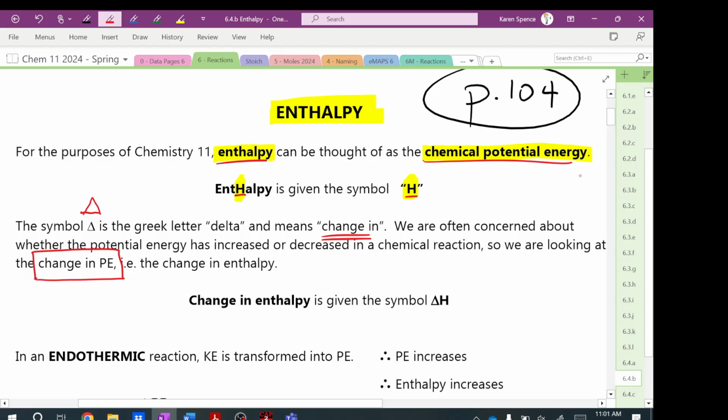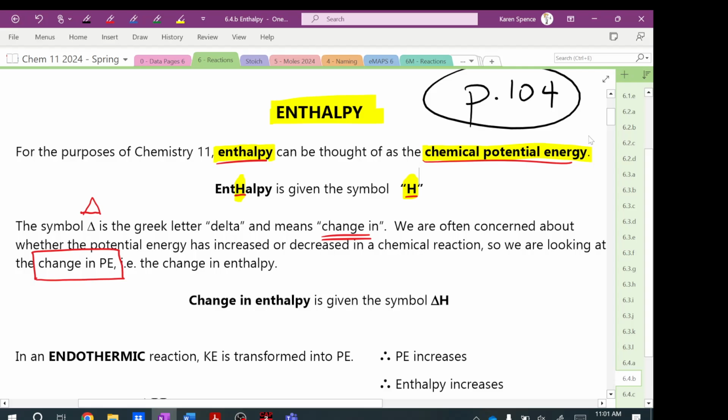Let's see. Enthalpy. Glossary. Enthalpy, a quantity defined by the relationship H is equal to E plus PV. The enthalpy change, delta H, for a reaction that occurs at constant pressure is the heat evolved or absorbed in the reaction.